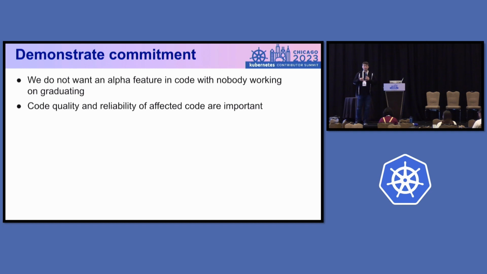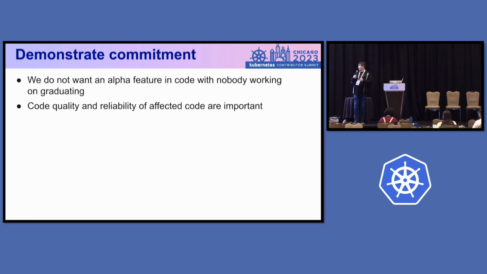When I'm saying out of nowhere, you may have been on Kubernetes before and you come again and you want this new shiny feature, you need to somehow show that you are committed to work on it to the end, and that you're not only patching here and there to make sure your feature is delivered as fast as possible, and that there are other people to maintain it going forward.